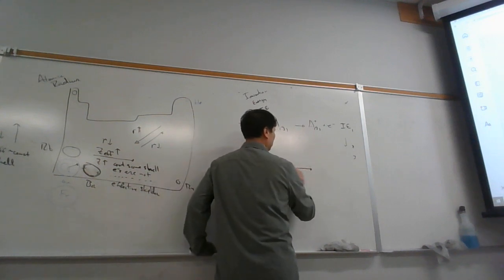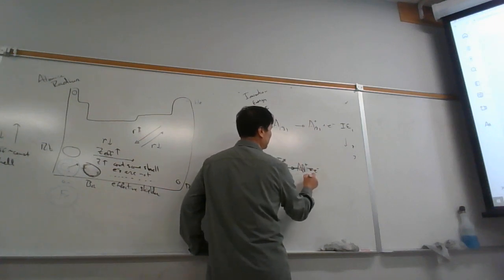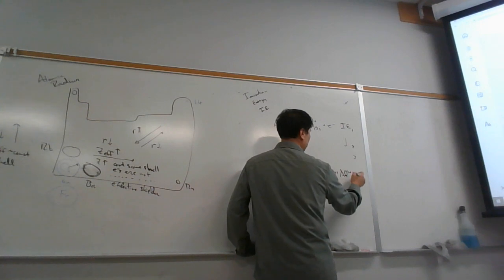And then IE1 will take us to aluminum plus 1, plus an electron in the gaseous state. And then we'll hit it again with IE2, which will take us to aluminum 2 plus and 2 electrons, to keep things balanced.